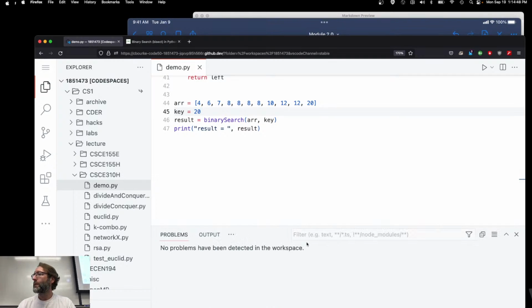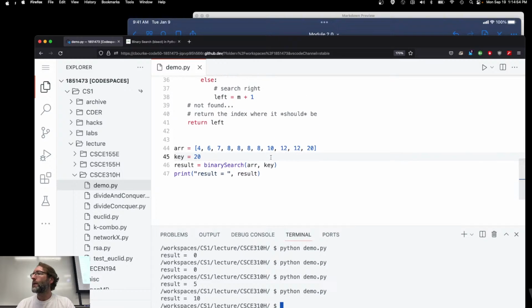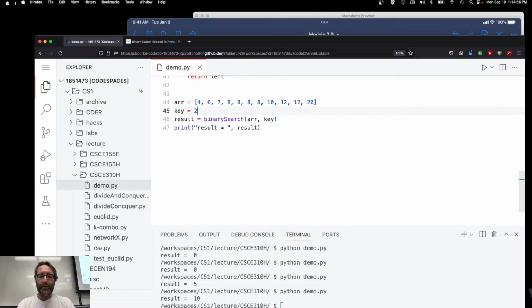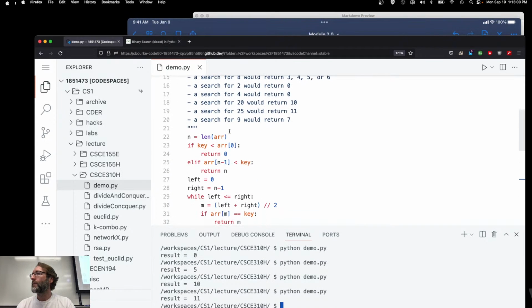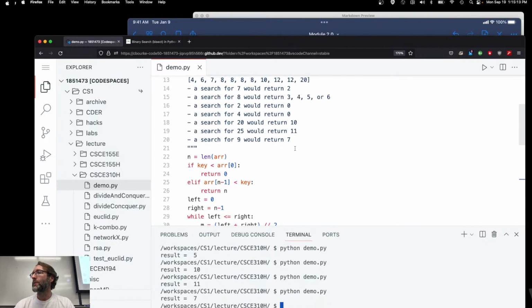Oops. Sorry, there we go. 10, good enough. What else? 25, okay. That should be 11, I think. Yep. A search for 9. Let's do an unsuccessful search, but somewhere in the middle to make sure it works. 7, which is what we said it should be. Okay.